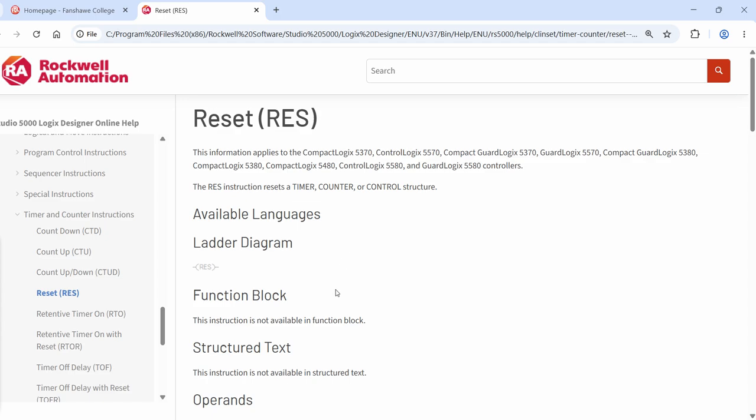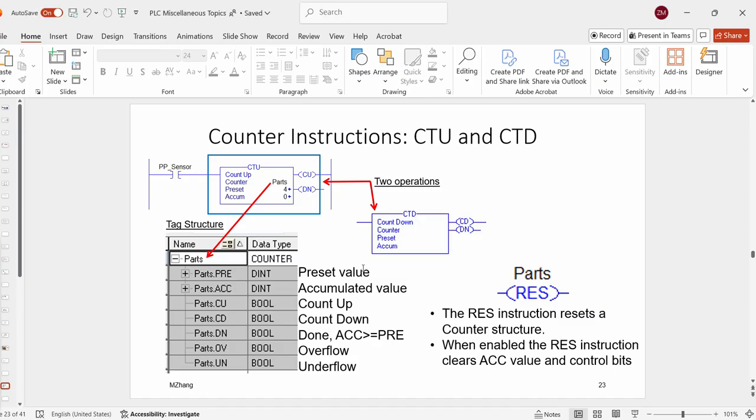All right. So I put together all the related information about counters into this slide. You can see here normally we can use a counter in two different operations, either count up or count down.